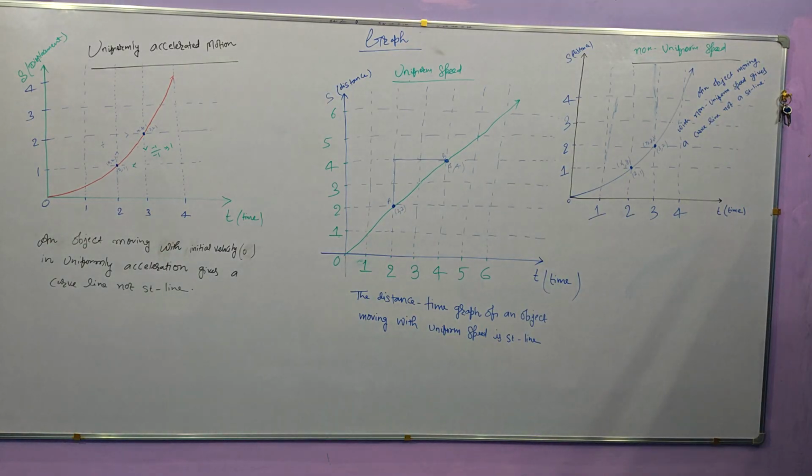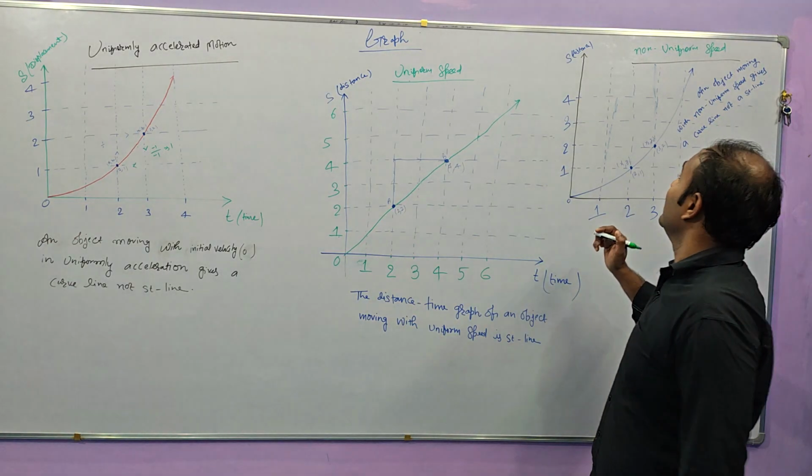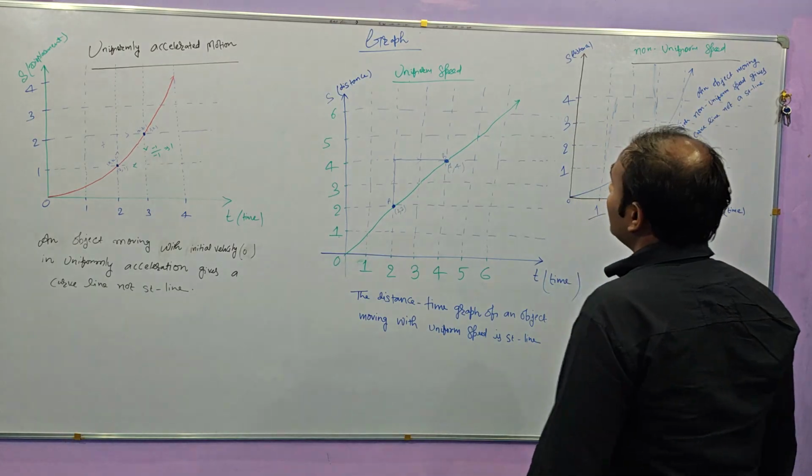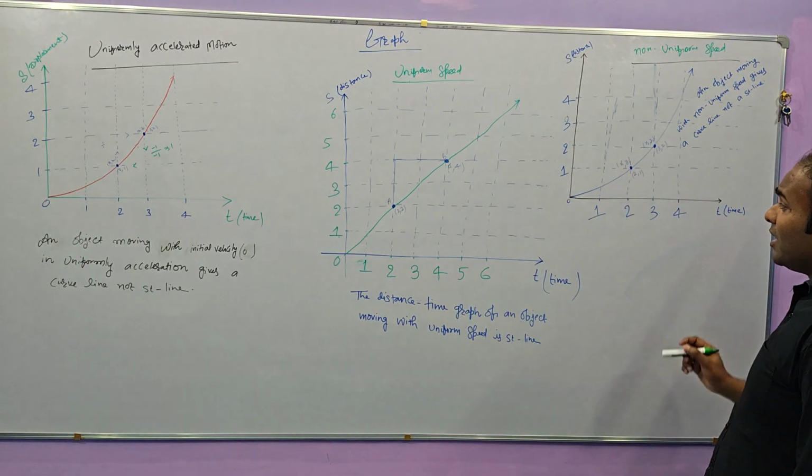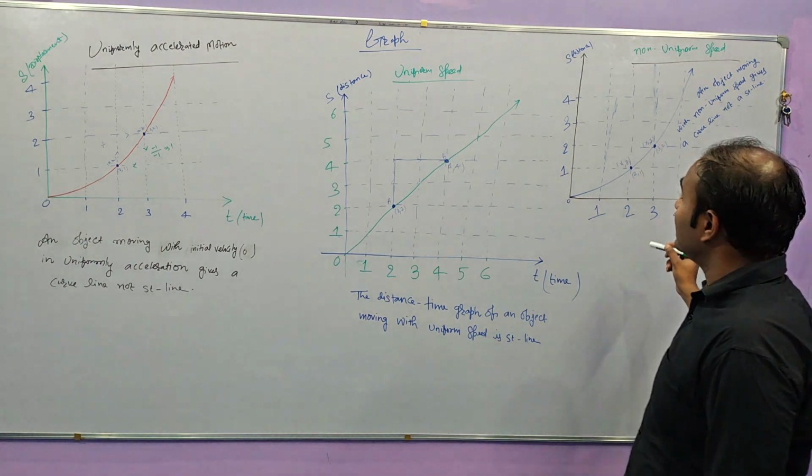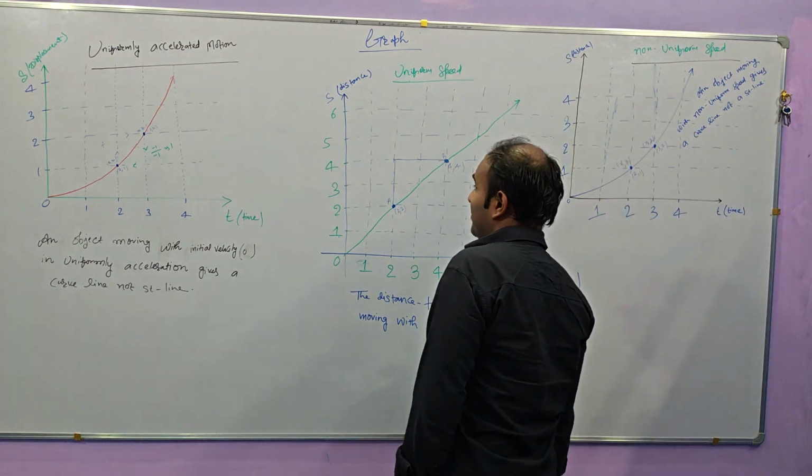Equal distance in equal interval of time, and non-uniform means unequal distance in an equal interval of time.